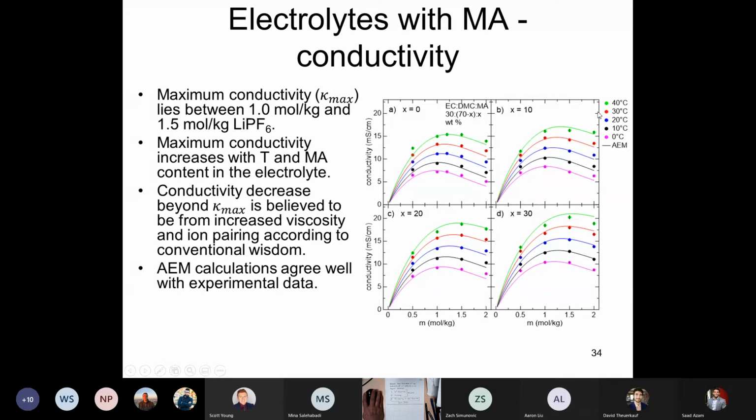The colors indicate the temperature, and you can see the conductivity increases with temperature, going from some color, I don't know what it is, pink maybe, up to green. And the conductivity increases with methyl acetate content. Okay, so any questions about this advanced electrolyte model and what it can do?